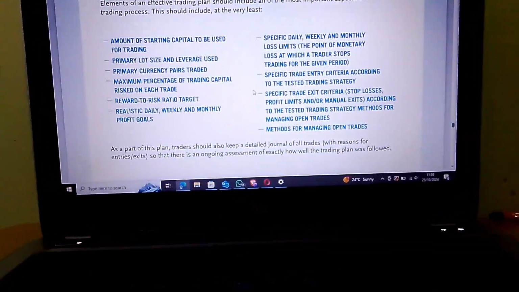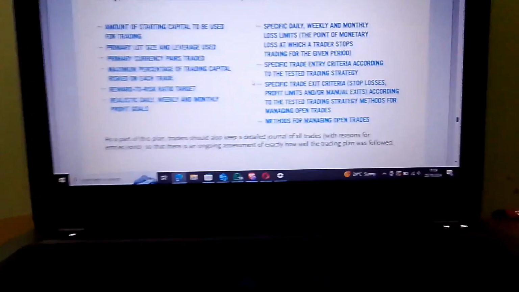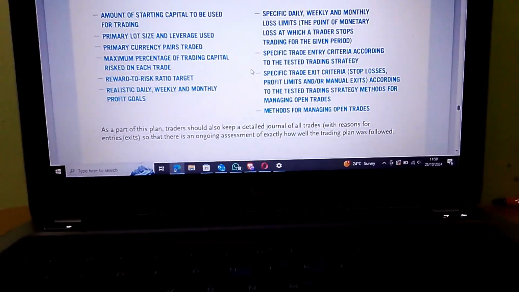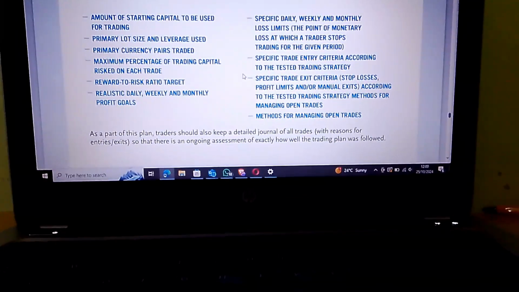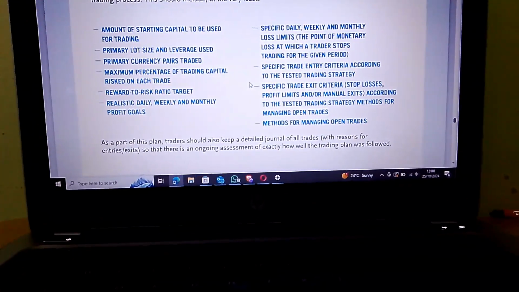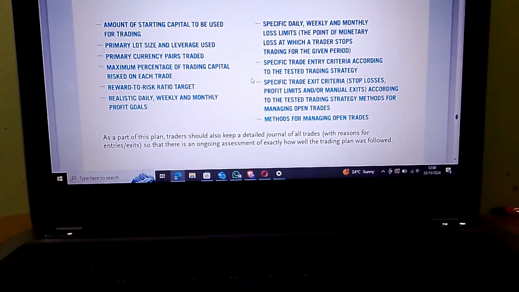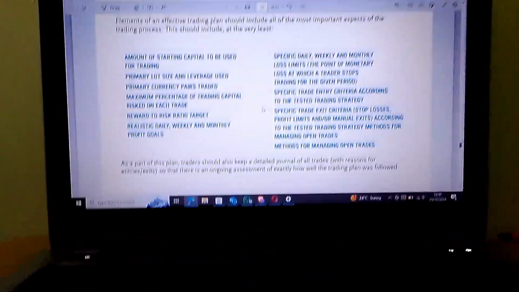Specific trade entry criteria according to the tested trading strategies, specific trade exit criteria, stop losses, profit limits and/or manual exits according to the tested trading strategy, and methods for managing open trades.